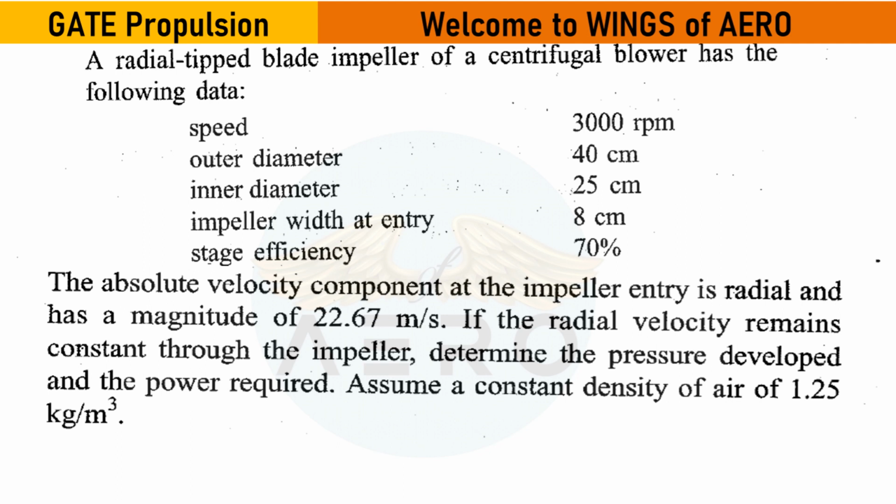If the radial velocity, Cr, remains constant throughout, determine the pressure developed and the power required, assuming constant density of 1.25 kg per meter cube.